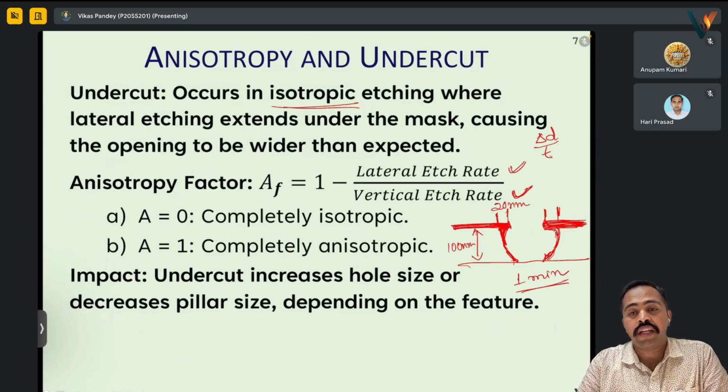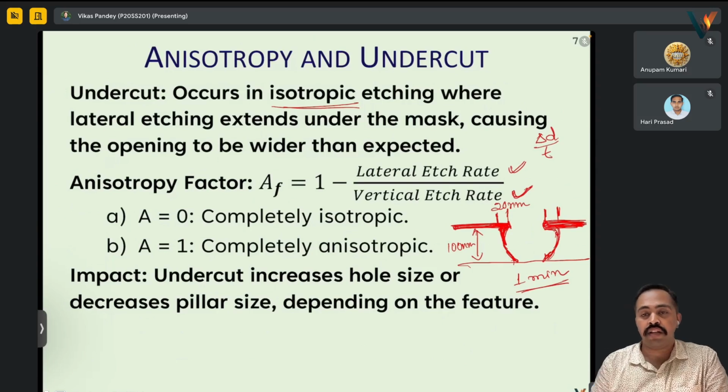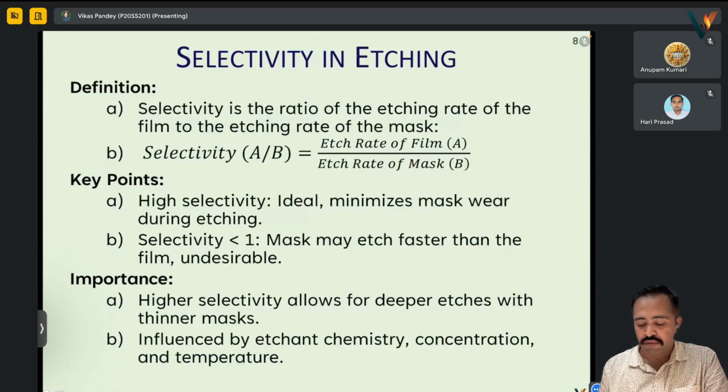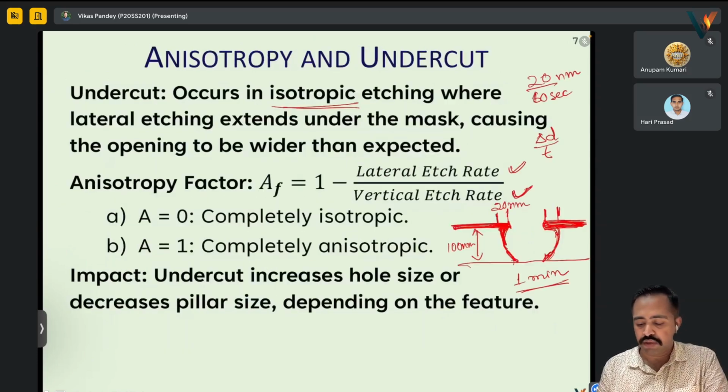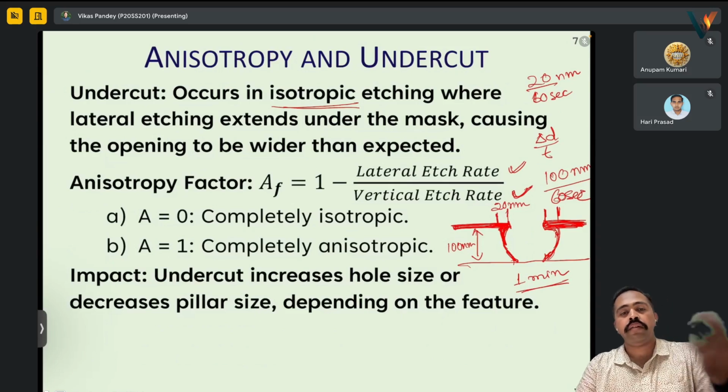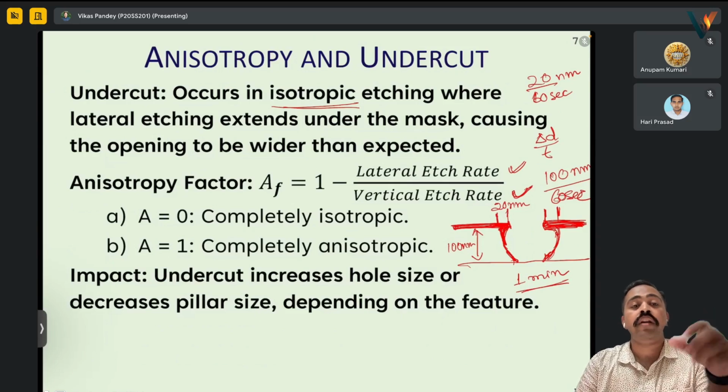In this case, the lateral etch rate will be 20 nanometer upon 60 seconds, whereas the vertical etch rate will be 100 nanometer upon 60 seconds. And then based on this, we can calculate how much our anisotropy factor is.